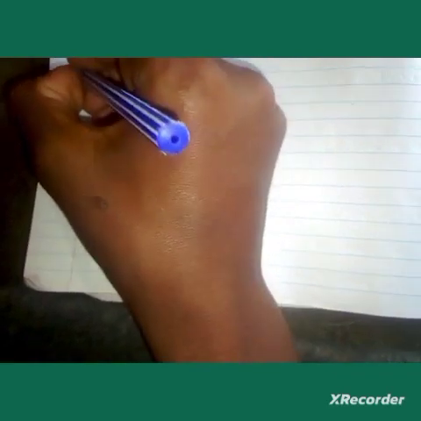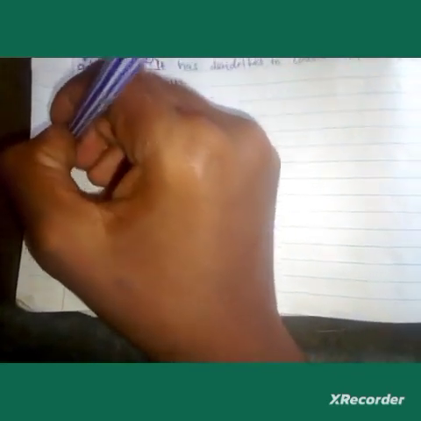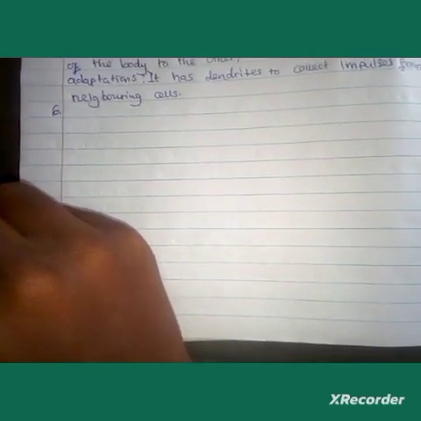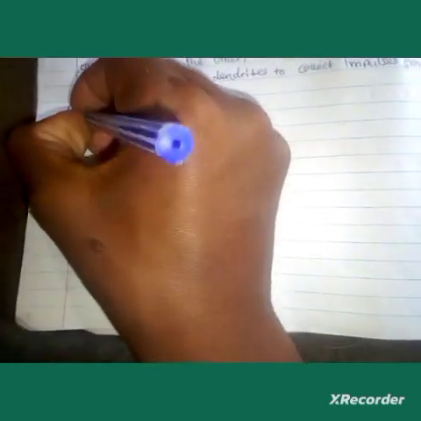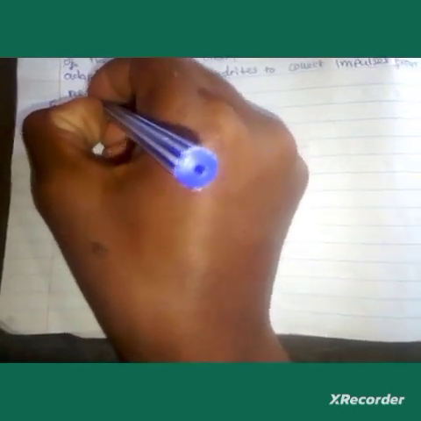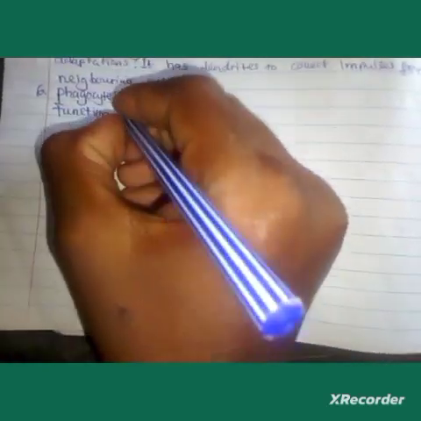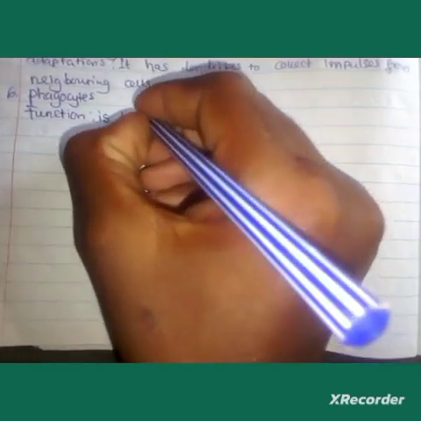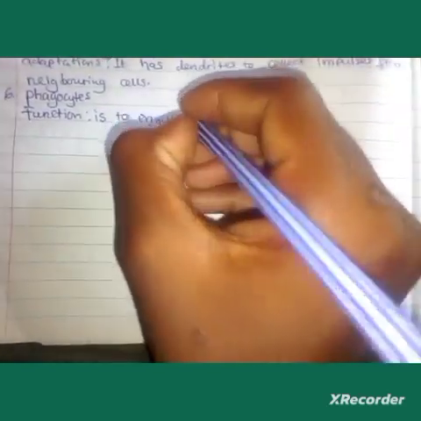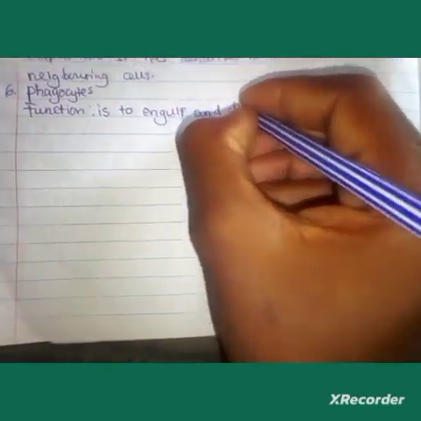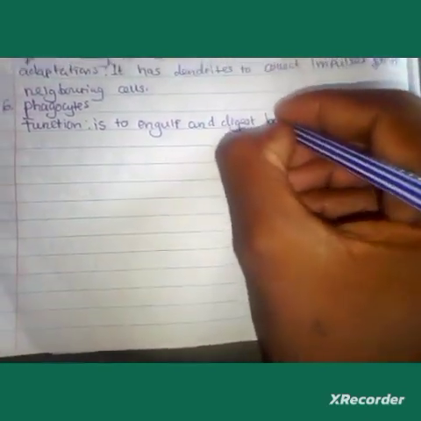Okay, number 6, we're going to talk about the white blood cells. Right? Now the white blood cells are divided into two. There are two types: the phagocytes. Okay, the function of the phagocyte is to engulf and digest bacteria.